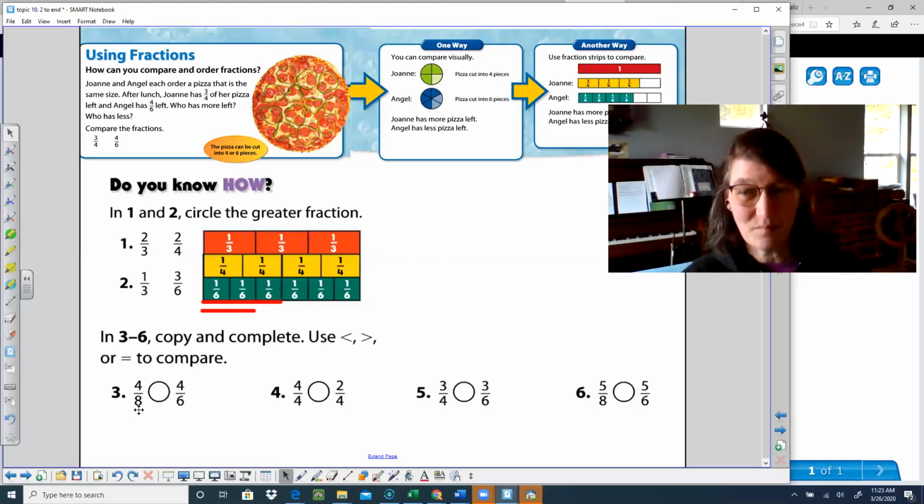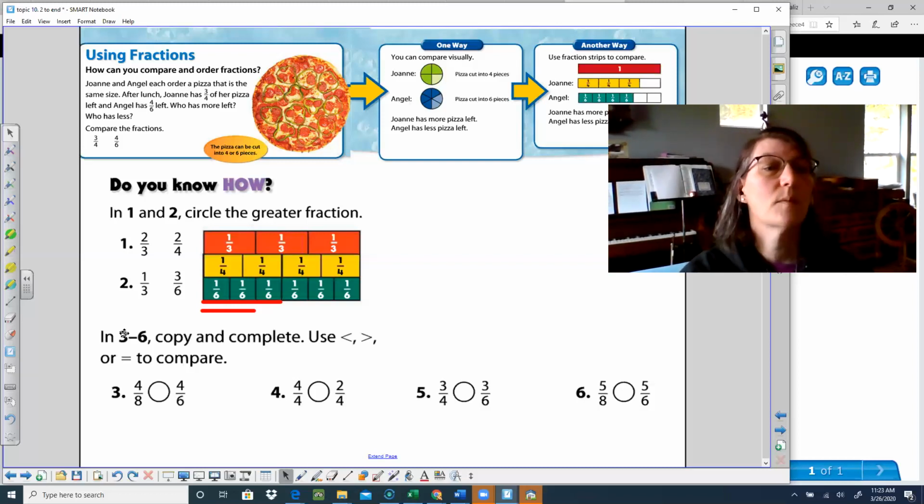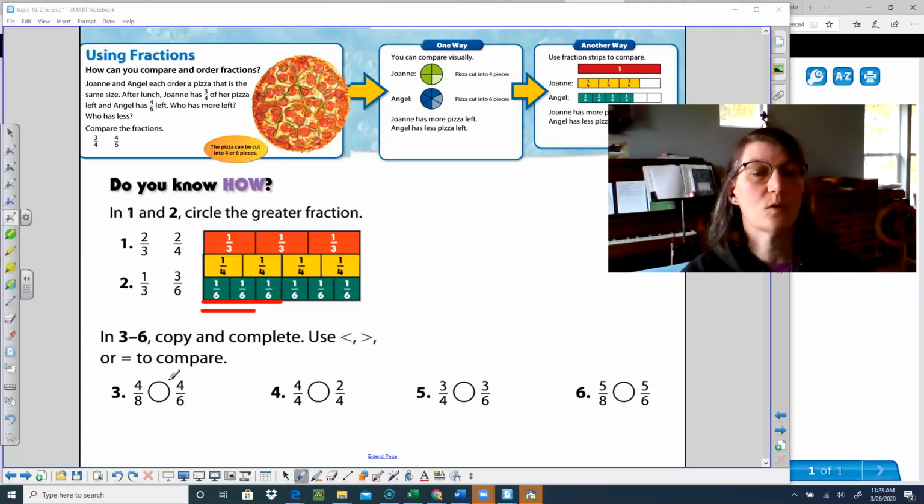So with that in mind, hopefully you went, well, if they have the same numerator, the one with the larger denominator is the smaller fraction. So hopefully you just did that in your book. Okay, now these guys, they don't have the same numerator.